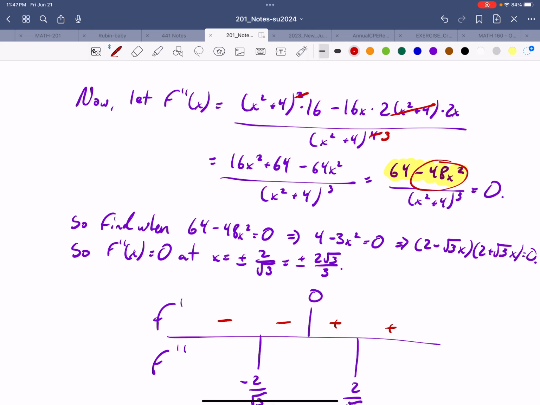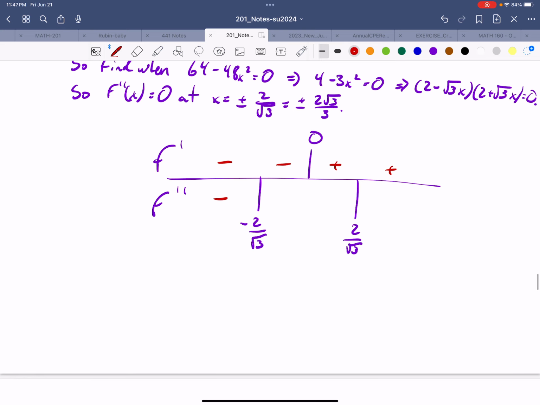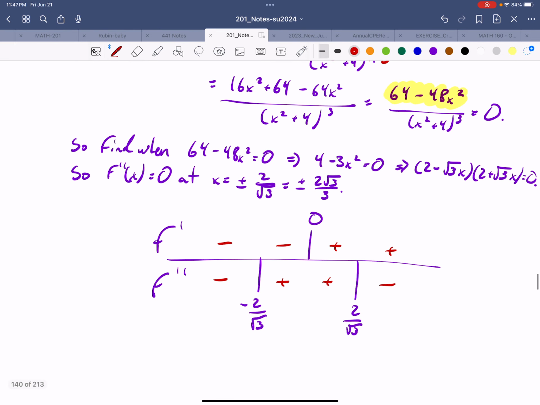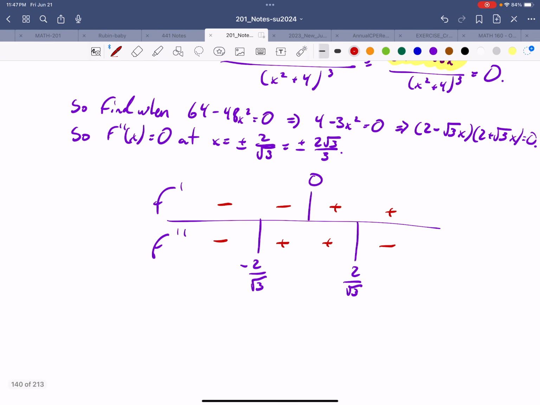That's a big negative number compared to that. And the bottom is always positive, so we're getting a negative. Plug in 0, we're going to get a positive. And here, plug in a number, we get a negative. Okay.